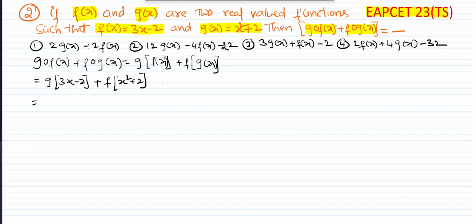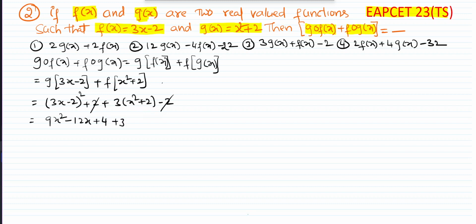Now this is equal to, g of x is x square plus 2, so that is (3x minus 2) whole square plus 2, plus f of x, that is 3 times (x square plus 2) minus 2. So this is equal to (3x minus 2) whole square, this is 9x square minus 12x plus 4. Here plus 2 minus 2 cancel.